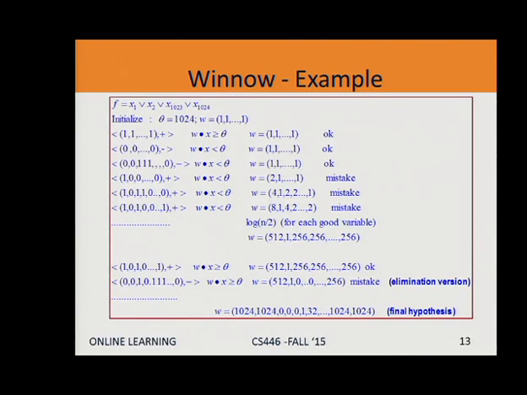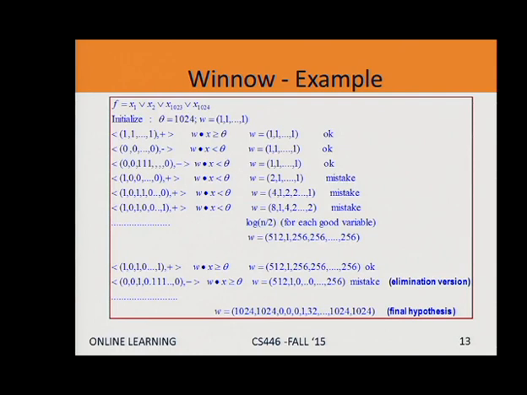I didn't learn anything from this. I'm still staying with this as my hypothesis. Example number 4, 1, 0, and all the rest are zeros. Now, this is a positive example, right? Because it's a disjunction and x1 is on. It's a positive example, but the dot product is actually only 1, right? So I made a mistake. This is the first mistake I'm making.